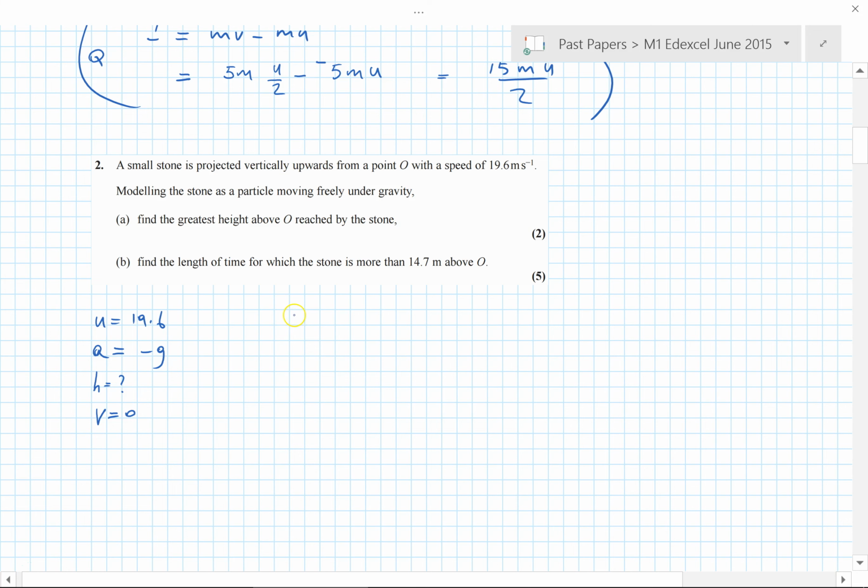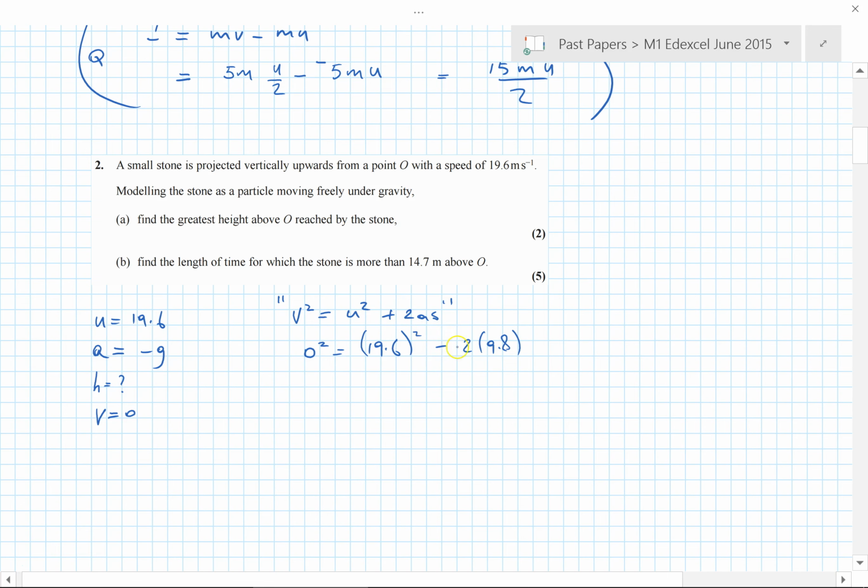So we can use v squared equals u squared plus 2as, which gives me 0 squared is equal to 19.6 squared minus 2 times 9.8.